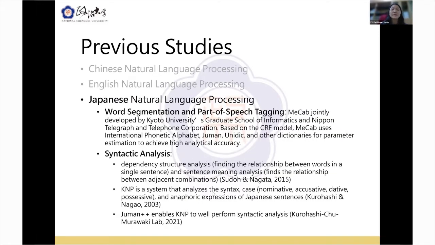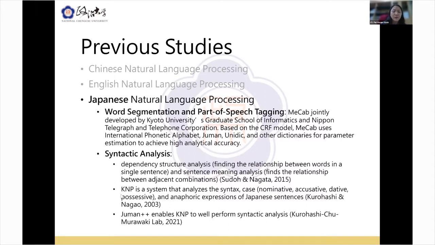For Japanese, we carry out similar steps as when analyzing Chinese words and sentences. However, the Japanese have developed their own models, so it's better to use their own models. You can see that they have developed MeCab. And there are also other tools used for syntactic analysis.